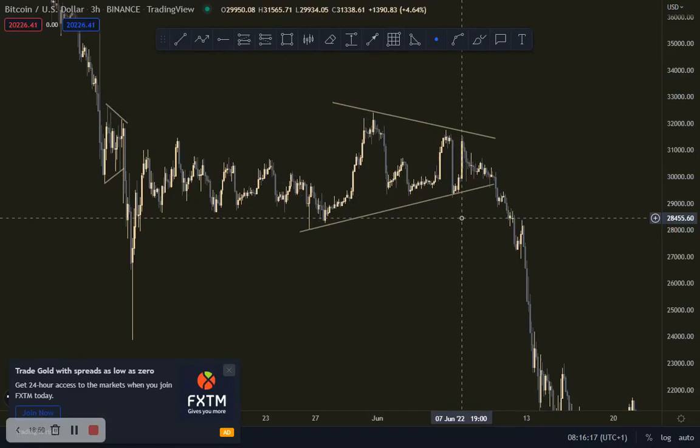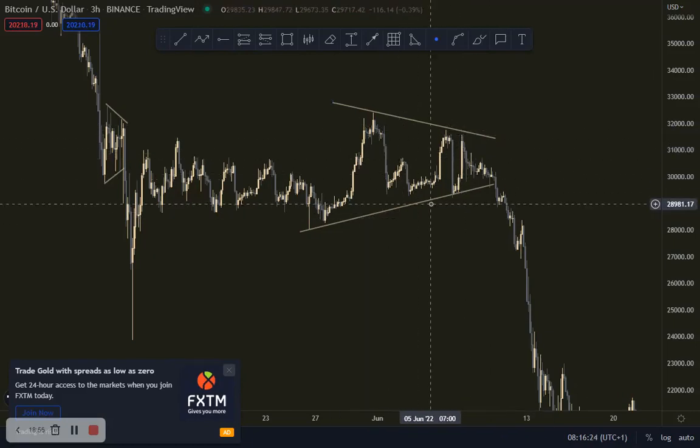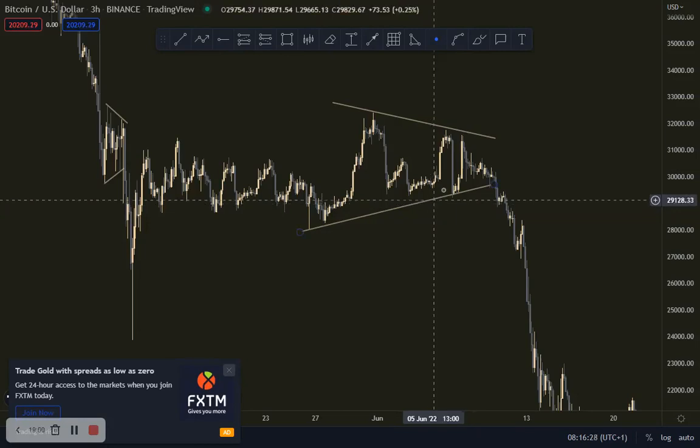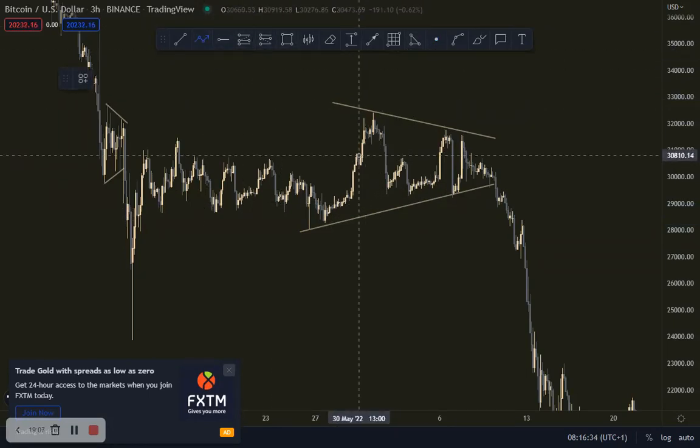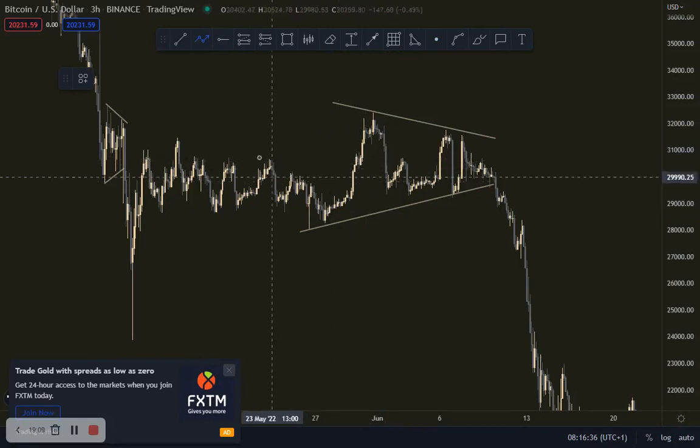You can get one price action within another. For example, in this triangle pattern you can see a flag pattern, a double top, and a head and shoulder. So let's start with the head and shoulder.